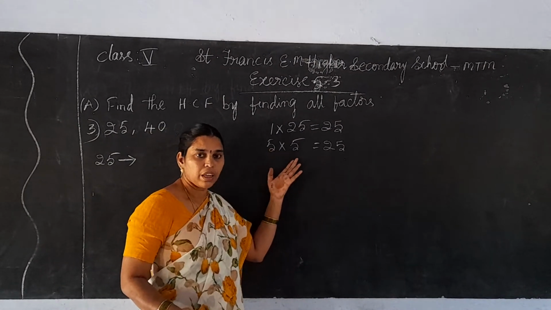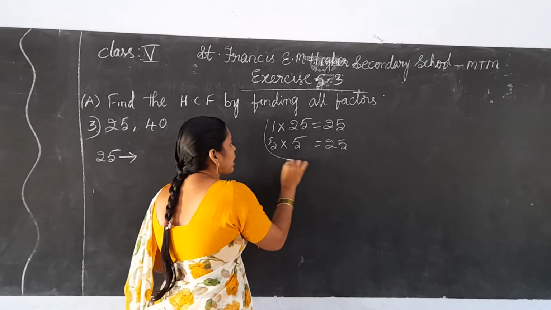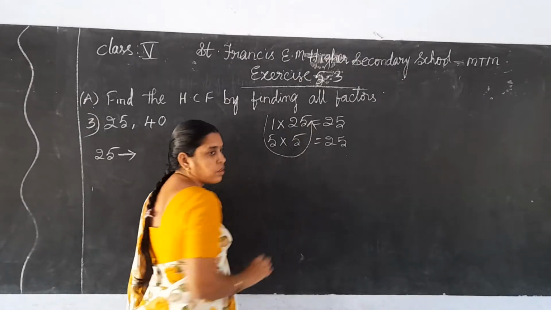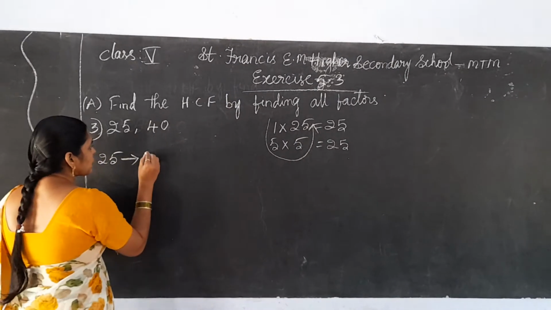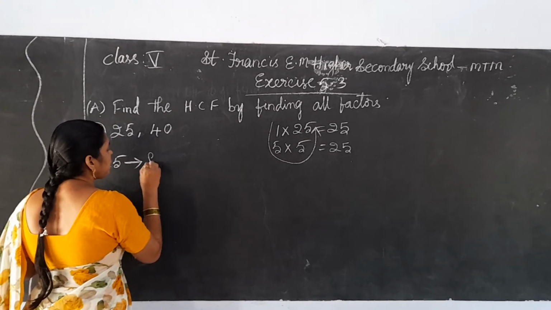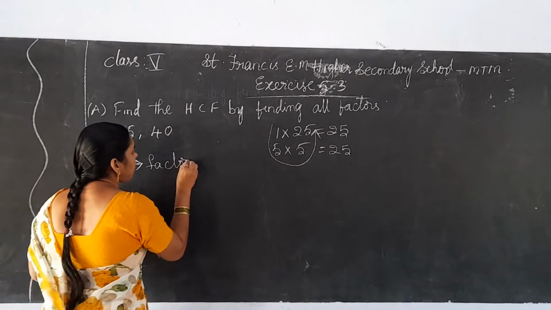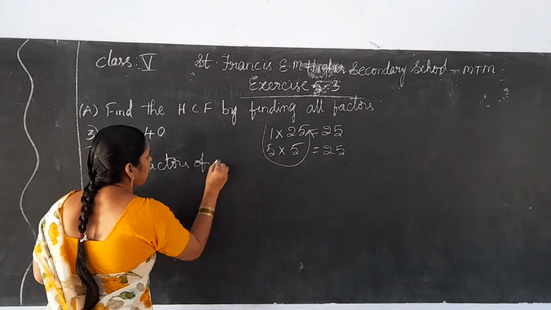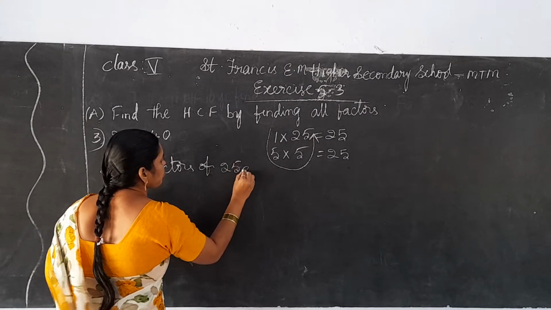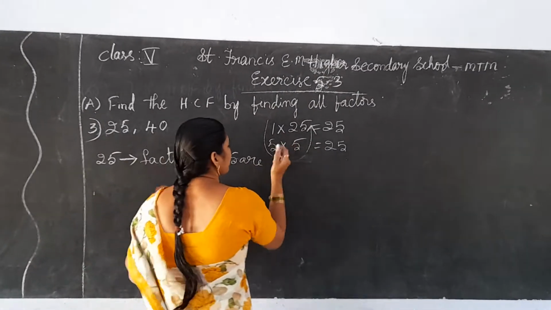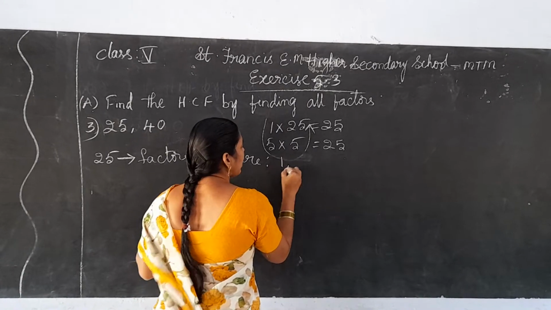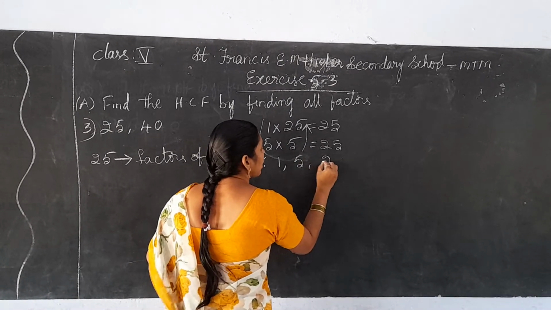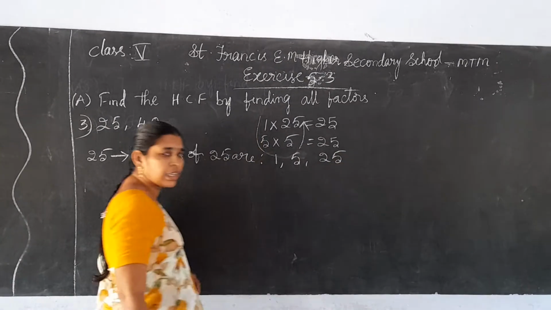Now write these factors in a U shape. Factors of 25 are 1, 5 and 25. Clear children?